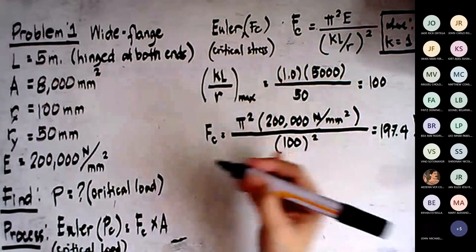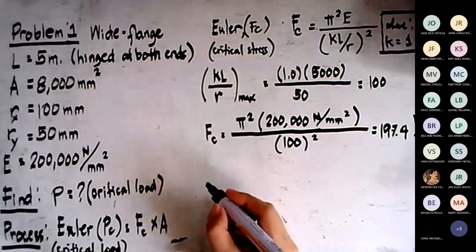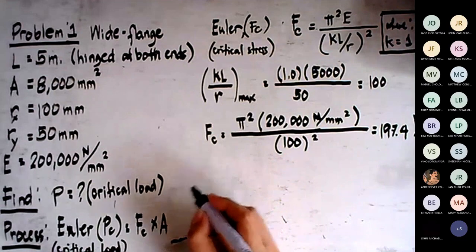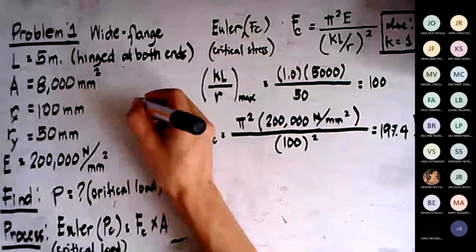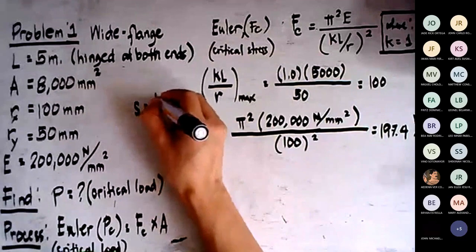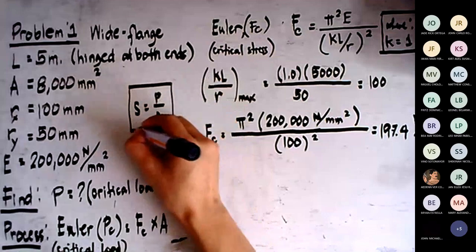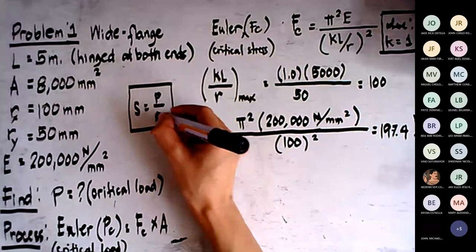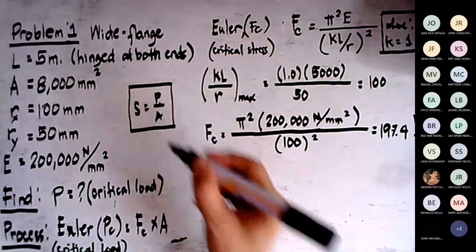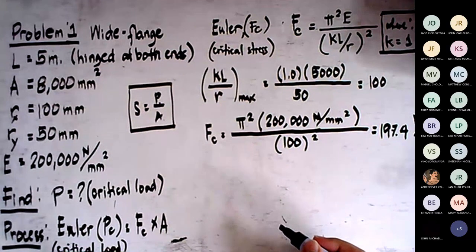But this is not yet the answer. What we are going to determine is the critical load. From the basic formula, stress is equal to load over area. Critical stress multiplied by the area is equal to the critical load. Okay.